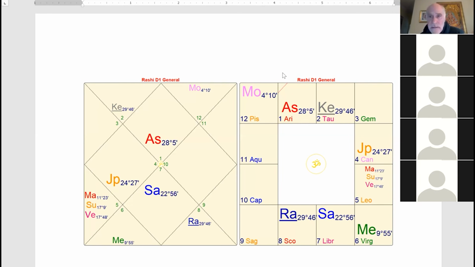So she would have started life in the Saturn major period, and then followed by who? Mercury. So it would be from somewhere from the age of 18 to 35. Very good. That's exactly, I think it was like 17 to 34, but very good.